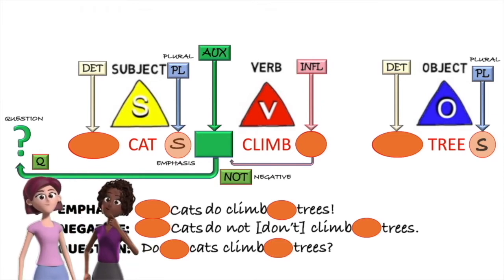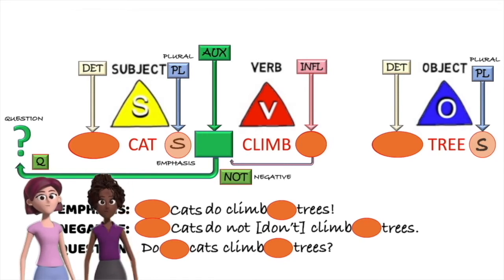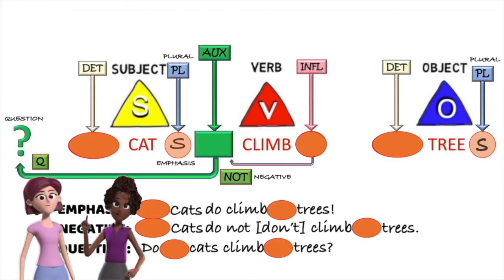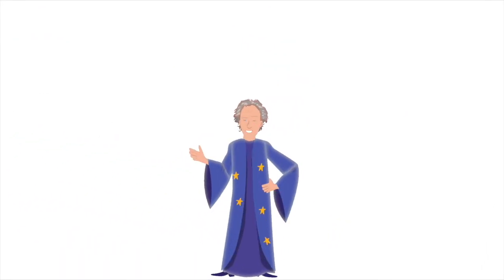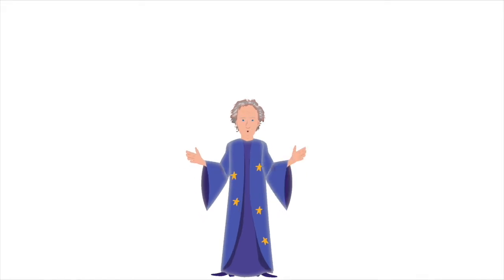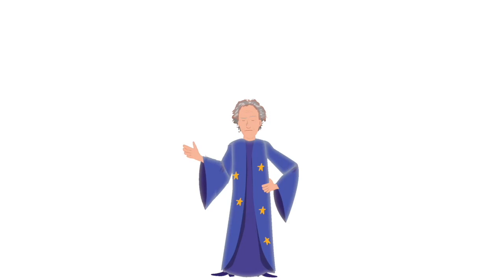Is that right? Yes, that's right. That's perfectly right. And that would be cats in general climbing trees in general. Yes, you've got it. You've understood it perfectly. Now go away and practice it. Make your own sentences about whatever you like.